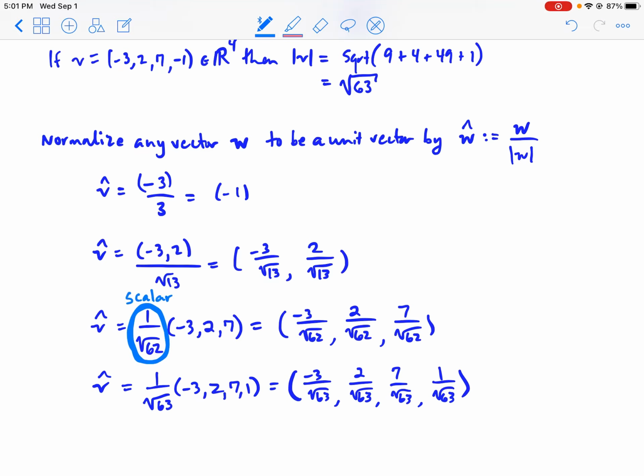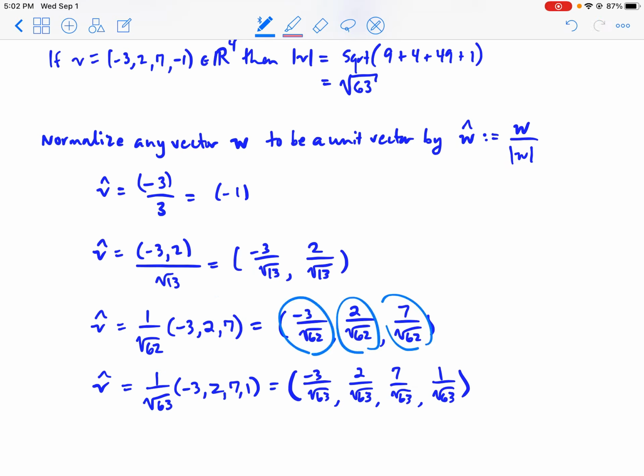We'd call this a scalar. It's scaling the original vector. And so this expression is a unit vector because it's a non-unit vector scaled by the right amount so that the overall thing has length 1.